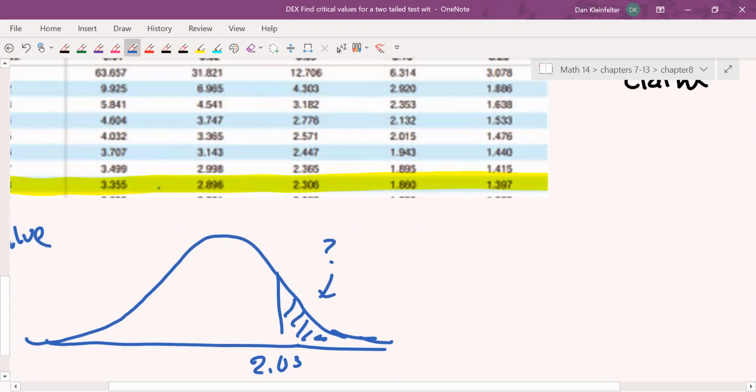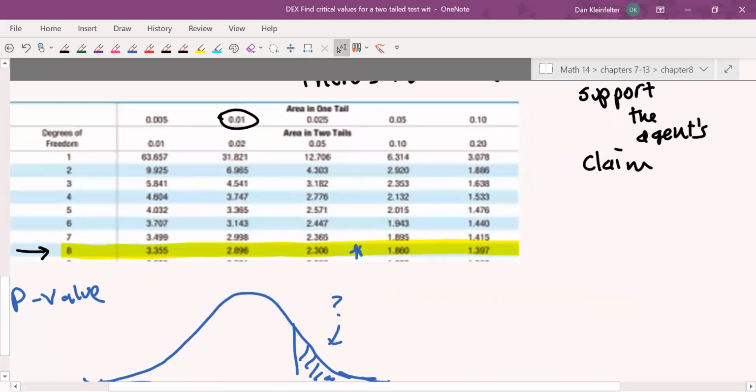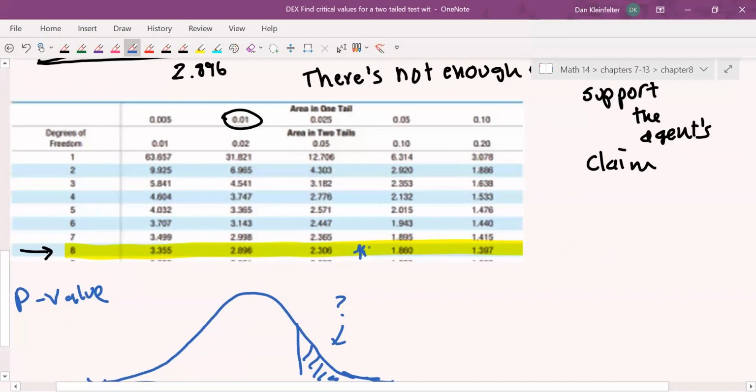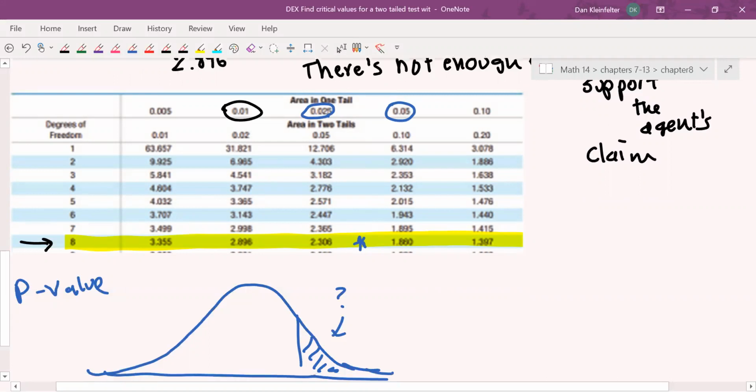Considering that these are in order, it would have to be in between 2.3 and 1.86, right? Since this is a right-tailed test, the p-value would be in between 0.025 and 0.05.